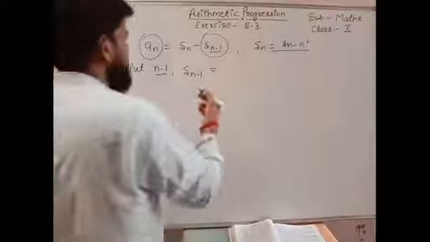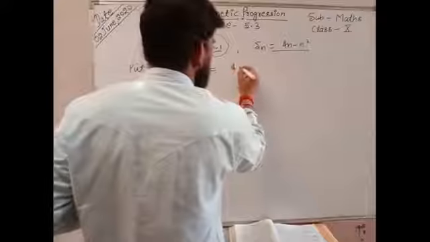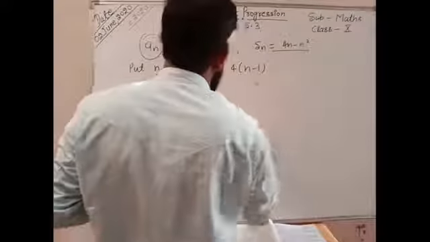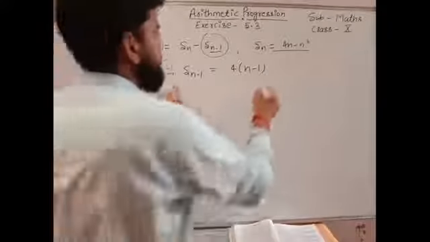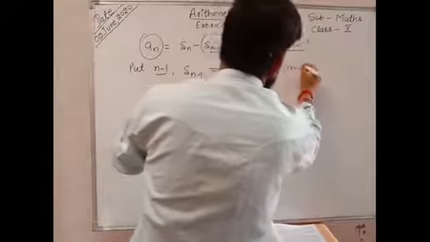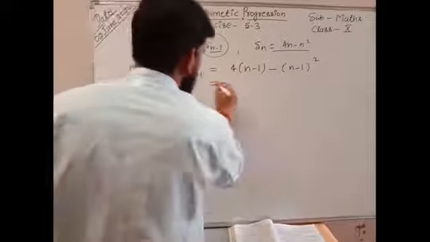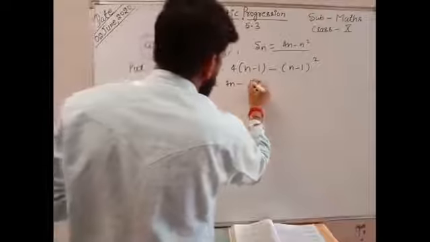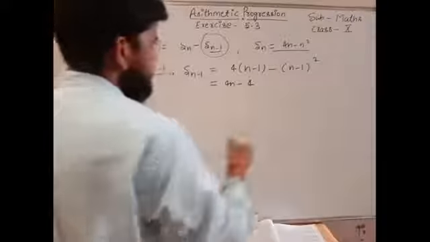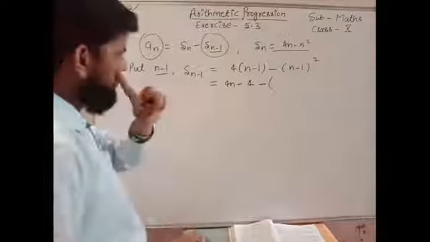Okay. So Sn minus 1 is equal to 4 times n minus 1, in place of n we will put n minus 1, minus square of n minus 1. So 4 multiplied by n minus 1 is 4n minus 4, minus the whole square of n minus 1.